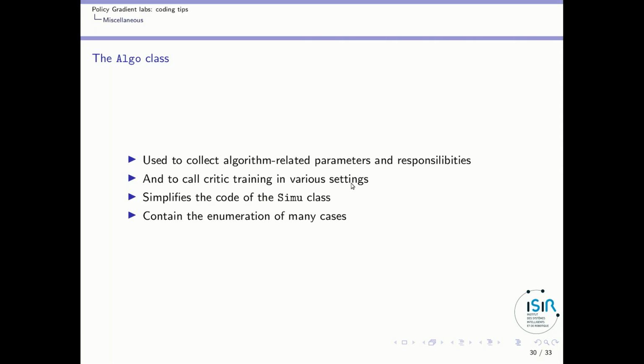So if you are not using critics, you are just using policy gradient with sum of reward, okay, no baseline, then you don't need this class. Okay, and by using this algo class, it allowed me to simplify the code of the simu class that you will see just on the next slide. And it contains the enumeration of many cases corresponding to these various settings.